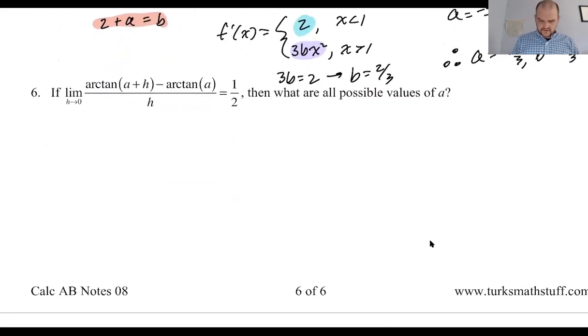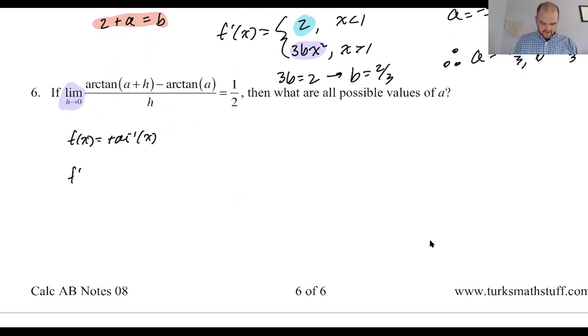All right, what does this look like? So when I look at this, I immediately think limit as h approaches 0, definition of the derivative. Does it fit the definition? It does if f of x is arctan, which I'm going to write as tan inverse. It's f of a plus h minus f of a over h. So we're finding f prime of a.